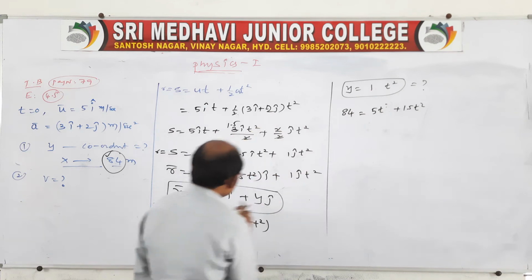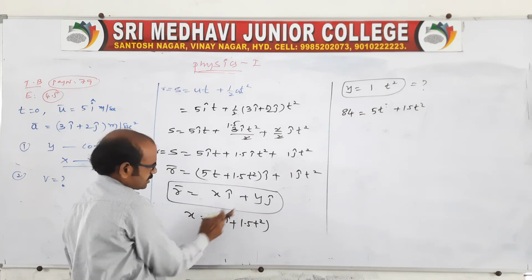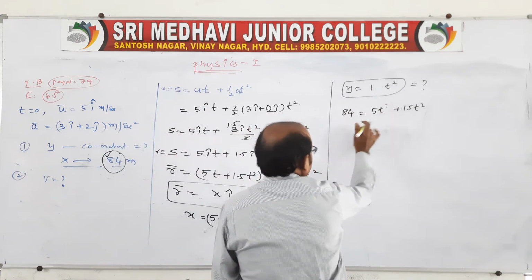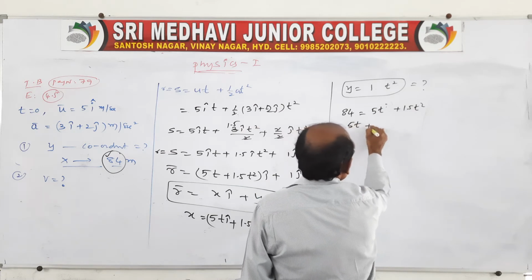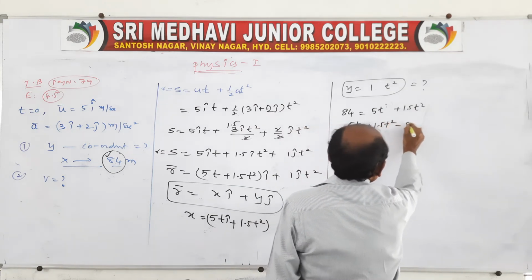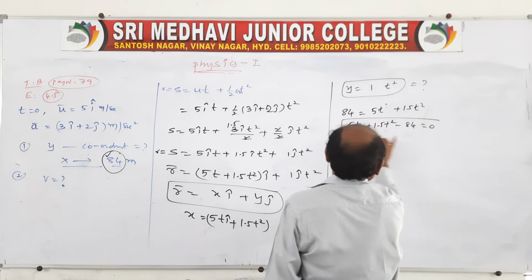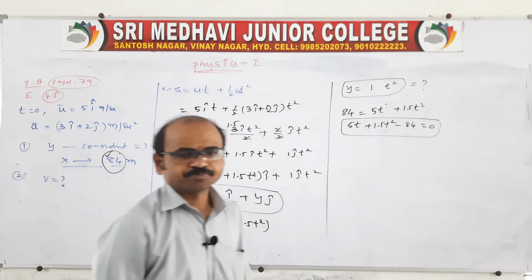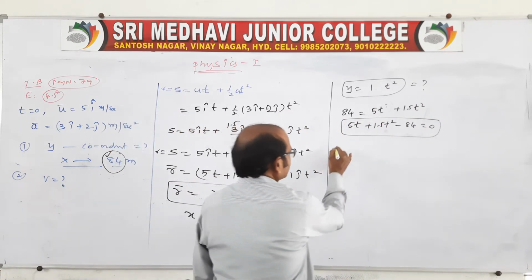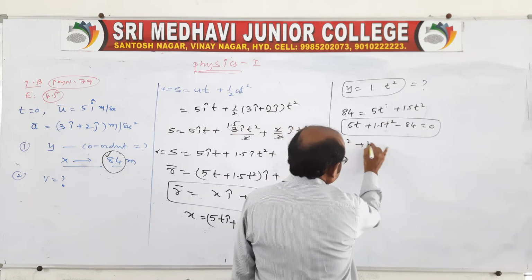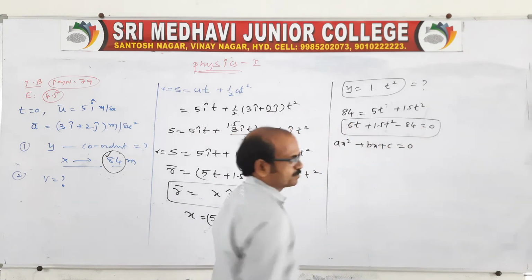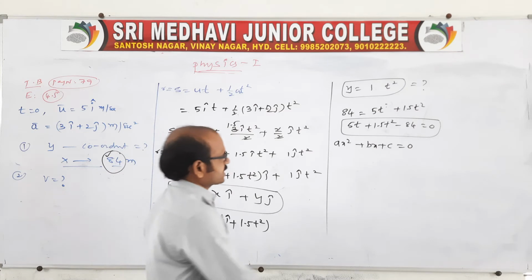Also you remove it, because x i cap plus y j cap, just write x and y, that's all. Now take a simplification: 5t plus 1.5 t square minus 84 is equal to 0. It is in the form of a quadratic expression, ax square plus bx plus c is equal to 0. So compare this equation.